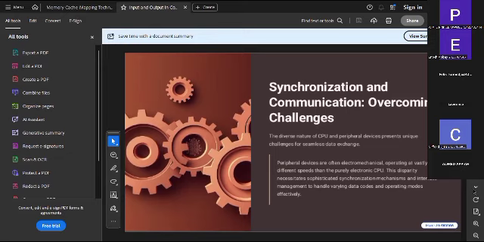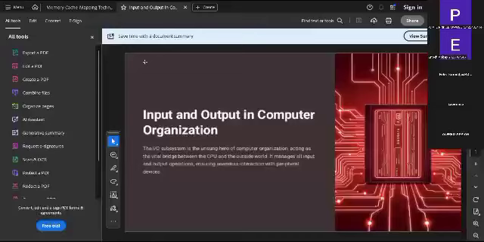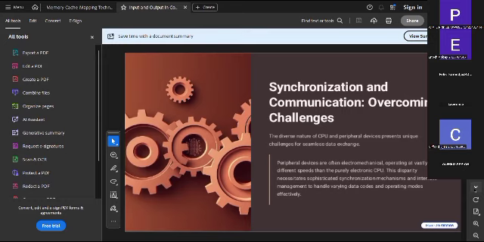This is the actual exchange of data and control information. We rely on status or control registers, which allow the CPU to read device states and send commands. And also we have direct memory access, the DMA, which is crucial for large data transfers. I'll hand it over to the next person to continue with the presentation. Thank you.